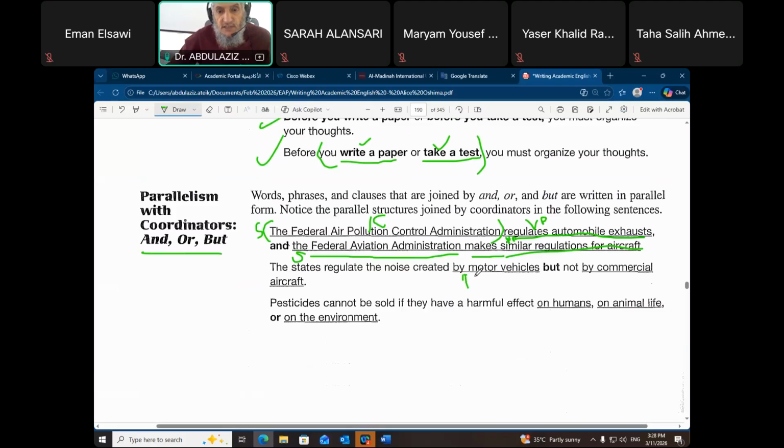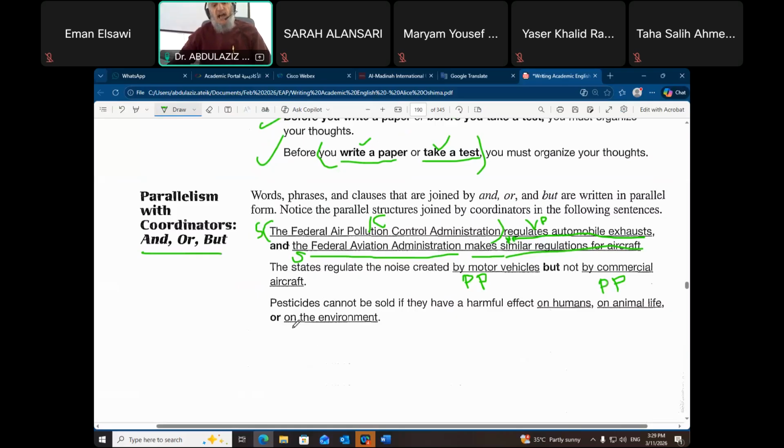Why? Because it begins with the preposition by. And this one also is a PP, right? So the parallelism here is correct. Created by two things, by motor vehicles, but not by commercial aircrafts.